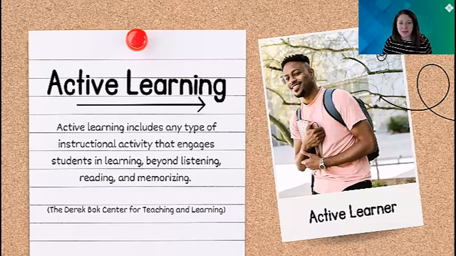And today with active learning, we're going to revisit some of the things we talked about last session and also provide you with more strategies that you can implement in your own practice. Active learning includes any type of instructional activity that engages the students in the learning that's beyond listening, reading, or simply memorizing.